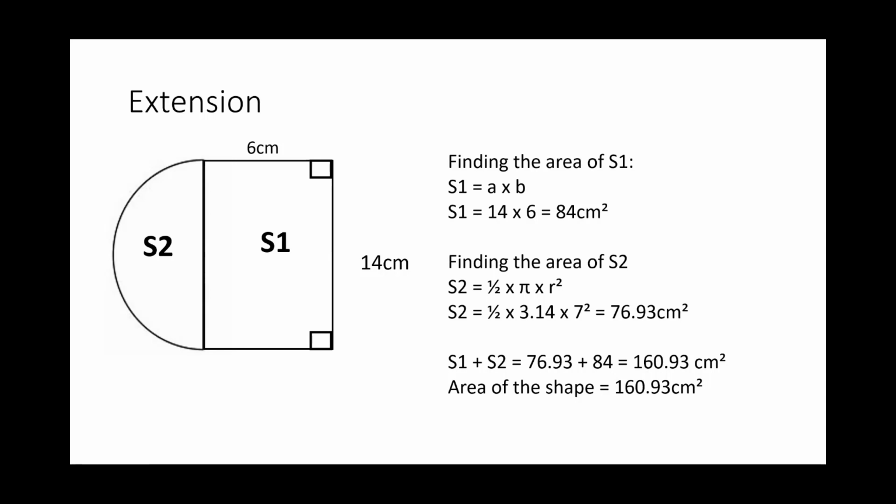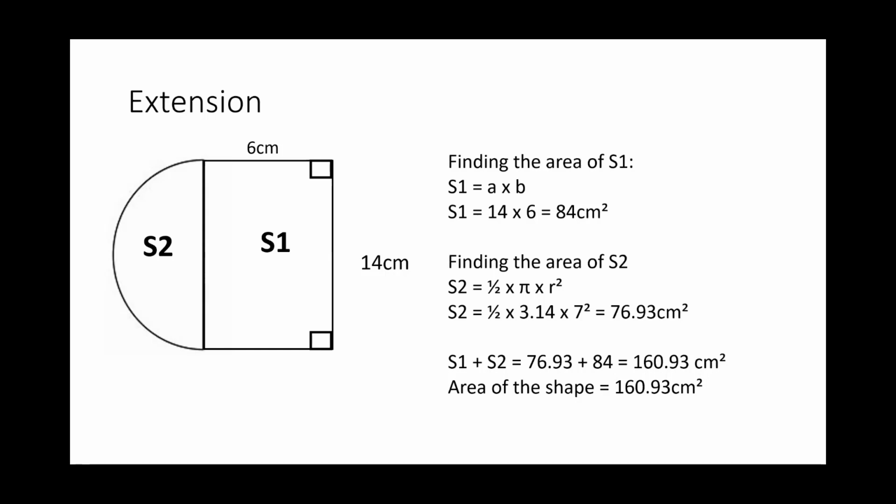Since it is a semicircle, the area for this will be half of the area of a whole circle. So it is 1/2 times pi times radius squared. The radius for this one is 7. And how do we know that? Well, if you look carefully, 14 is the length of the rectangle, but it is also the diameter of the circle.